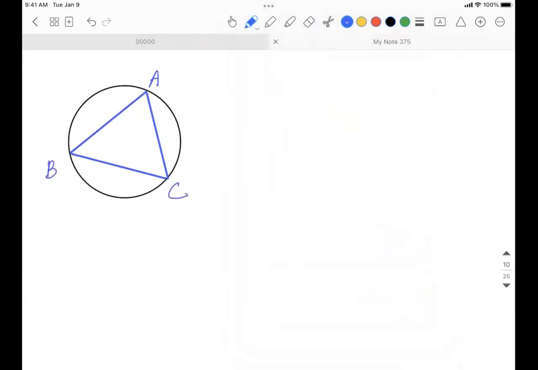So this is A, this is B, this is C, and this is my R. Do you know how to determine the circumcircle's radius for a given triangle? Do you guys know that?